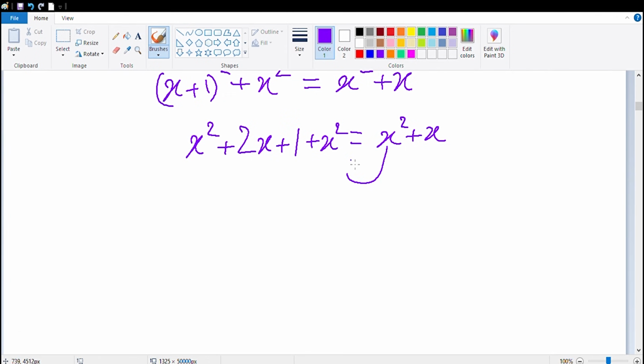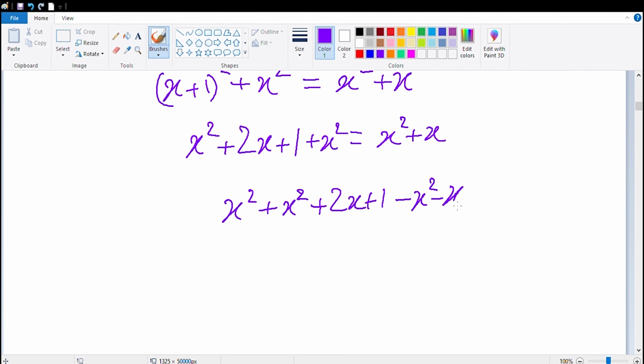Now let's send this whole term to the left-hand side. We're going to get x squared plus x squared plus 2x plus 1. These are going to turn negative, so minus x squared minus x is equal to 0. These two cut out. We get x squared plus 2x minus x, and 2x minus x is going to give us x.